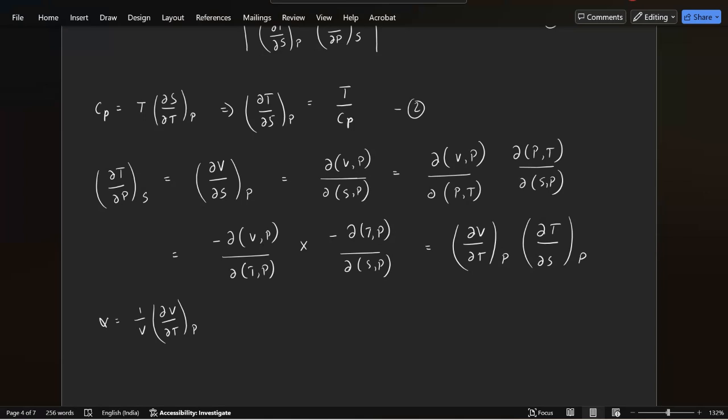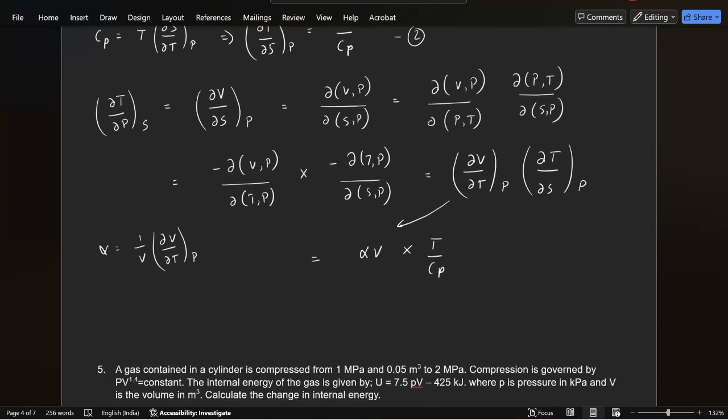So basically this is going to be just alpha V. This quantity alpha V is multiplied by the same quantity as 2, which is equal to T by Cp. So we have our third value as well. Del T by del P at constant S is equal to alpha V T by Cp. This I will write as 3.